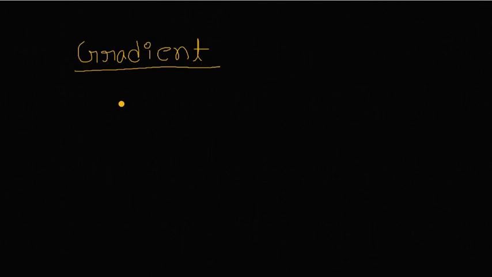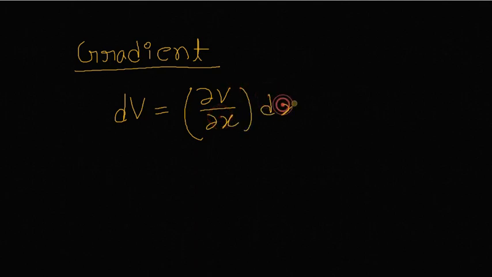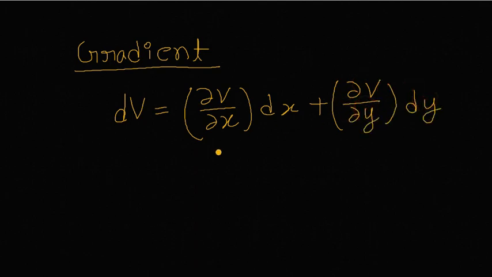If we have a function v which is a function of three variables x, y and z, then we can write dv equal to del v/del x dx plus del v/del y dy plus del v/del z dz.